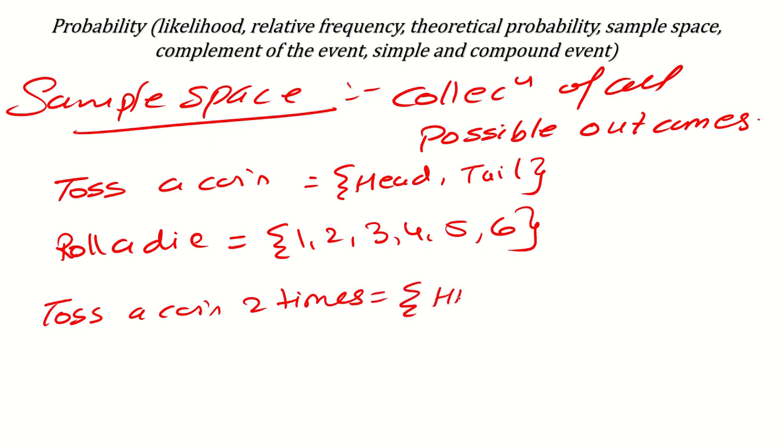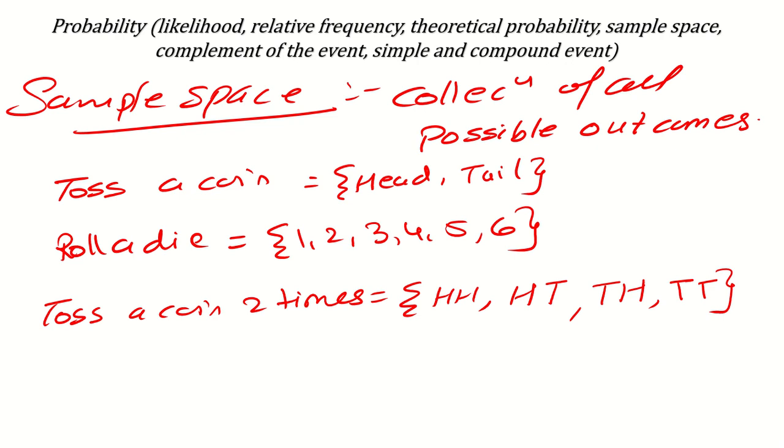Maybe both times you get head. Maybe first head and second tail. Maybe first tail and second head, or tail both times. As I told you in the starting, probability means experiment, and you just assume that you are doing that experiment. So all questions you will find very easy like this.